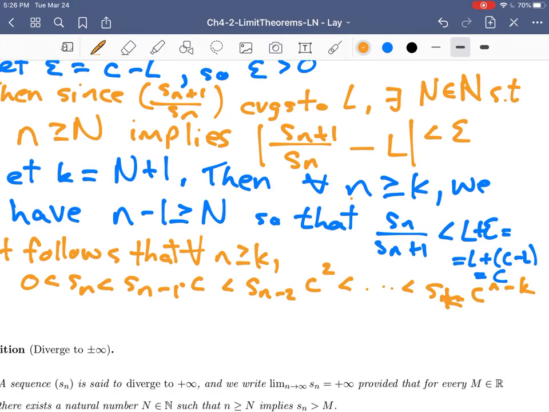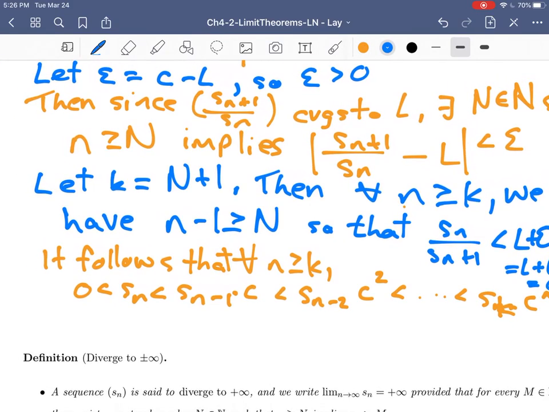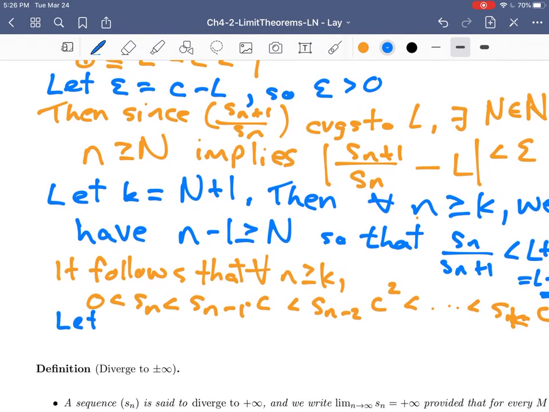Let M equal S sub k over C raised to the k.